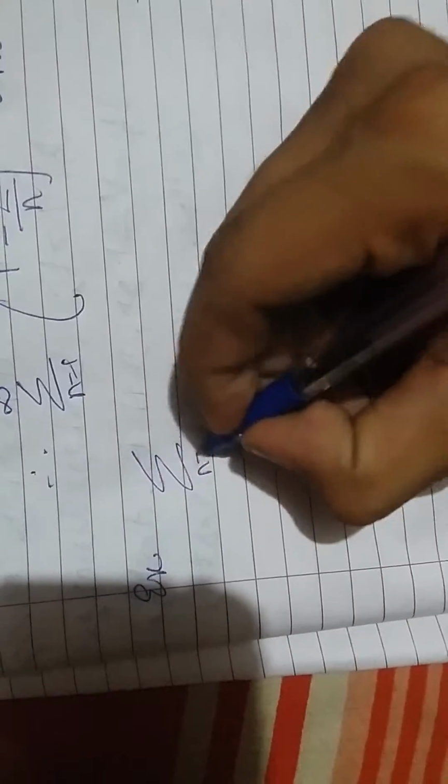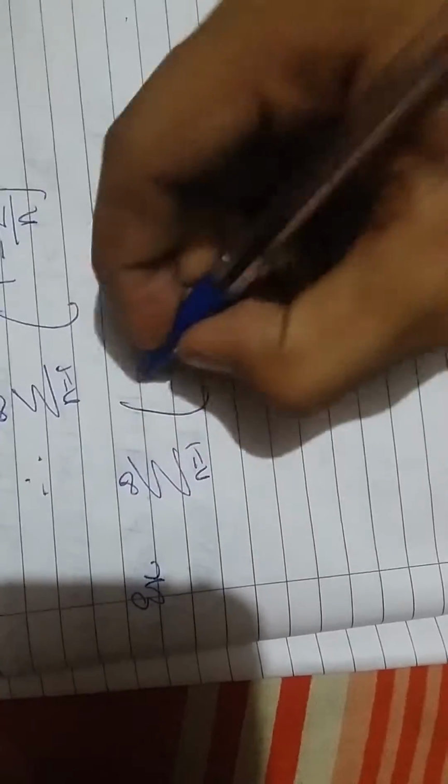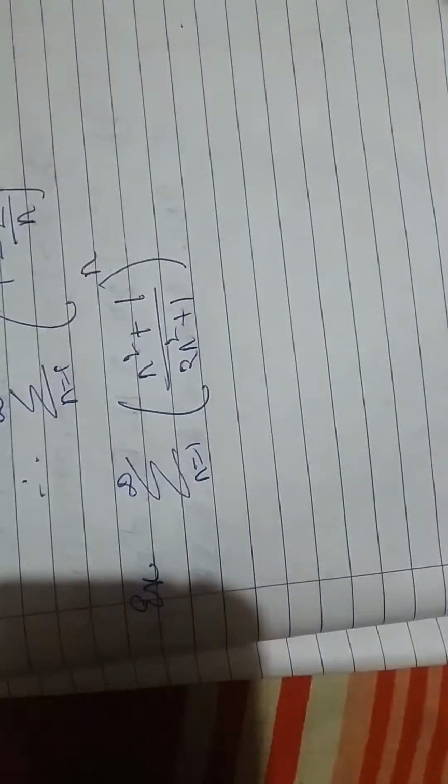The example is the summation of n equals 1 to infinity of (n square plus 1 upon 2n square plus 1) to the power n.